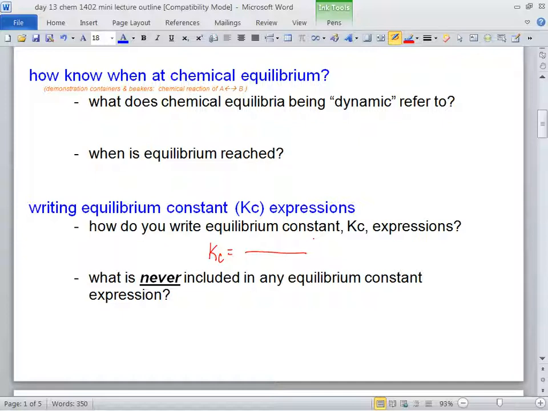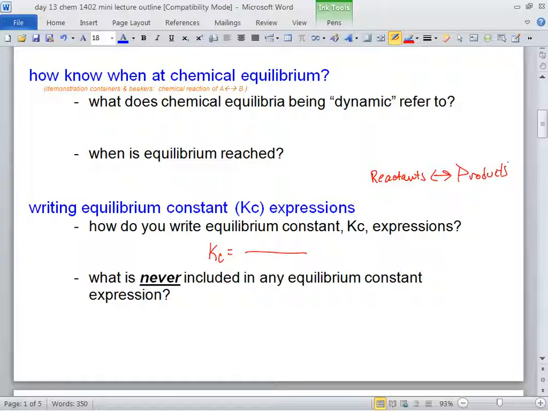Now, they want the concentrations of what on top in these equilibrium constant expressions? Kendall, which one is it? The concentrations of the what on top? Because we have these reactants going to products. Well, it's supposed to be dynamic, so you should draw double arrows, right?